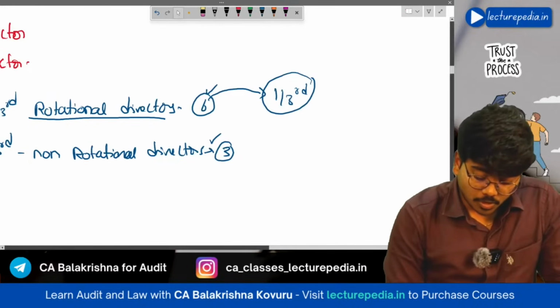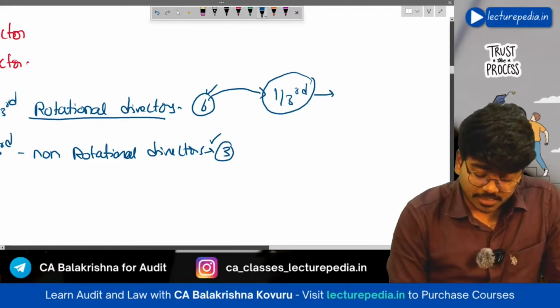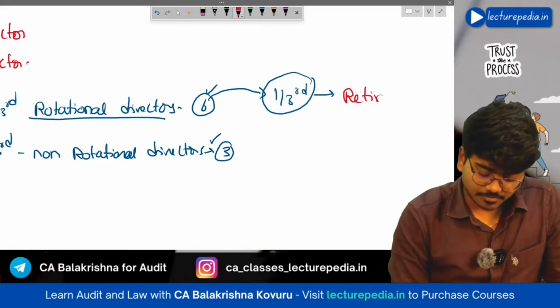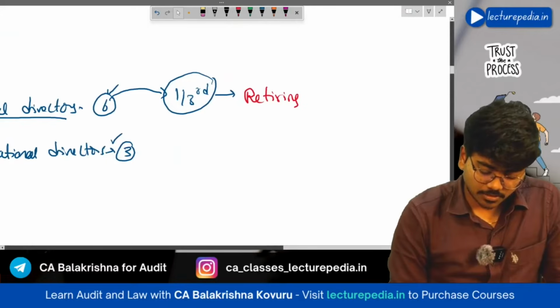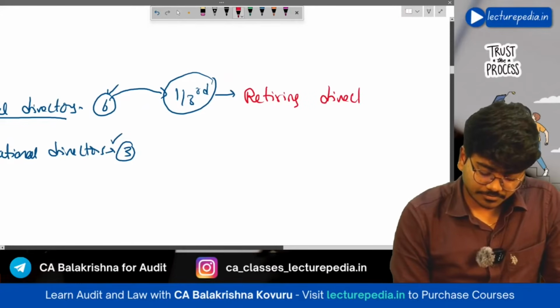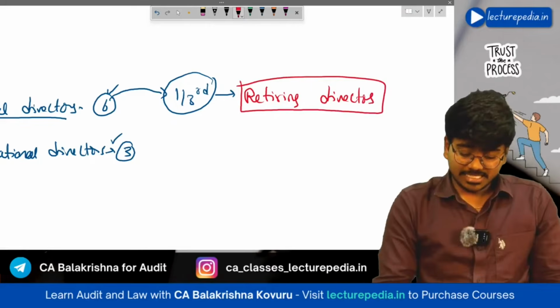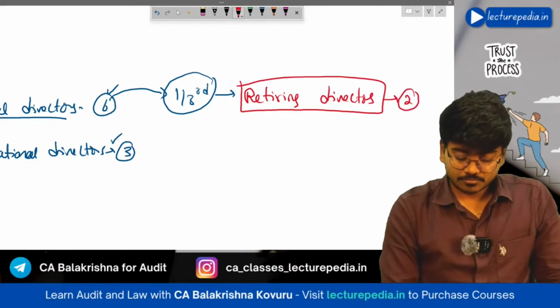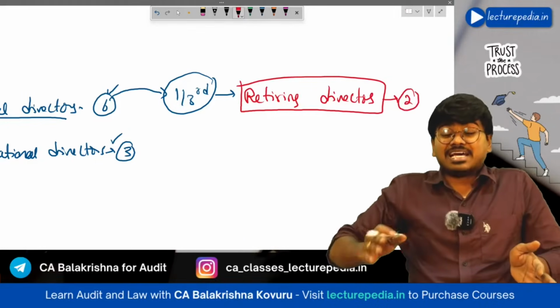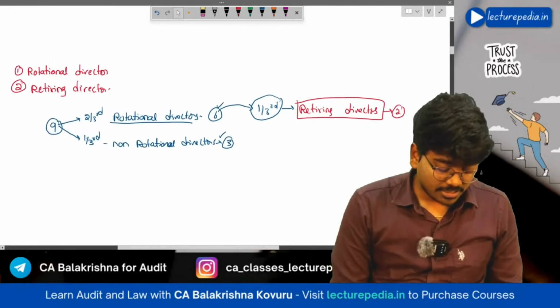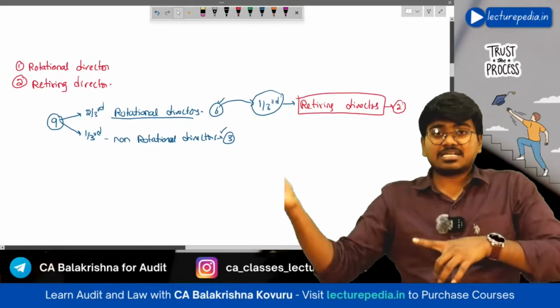So only 1/3 will be retiring directors. Here, out of 6, 1/3 means 2 directors will be retiring directors. Hope you understood the difference between rotational directors and retiring directors.